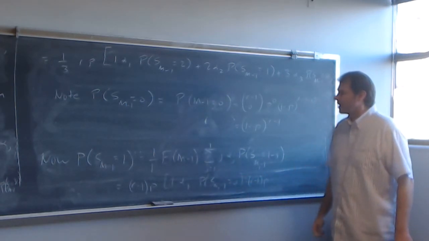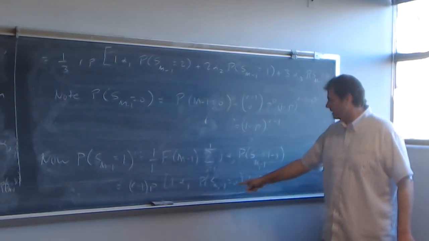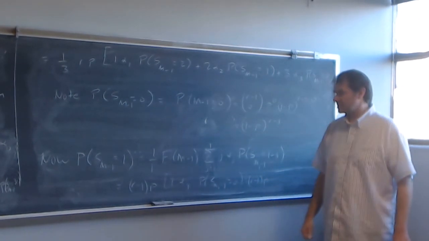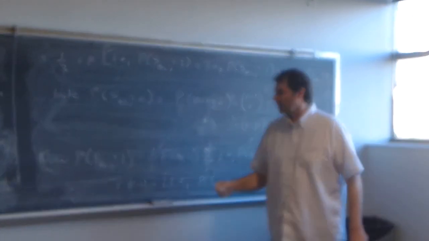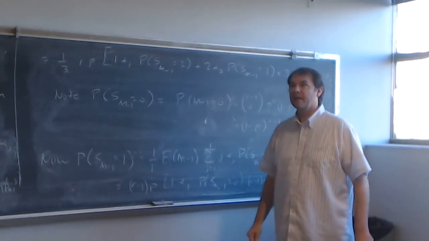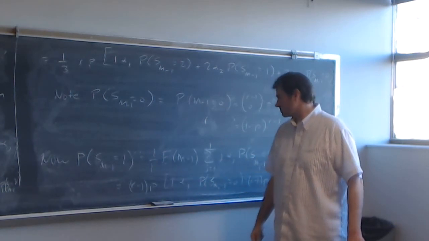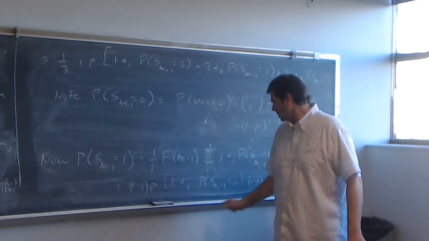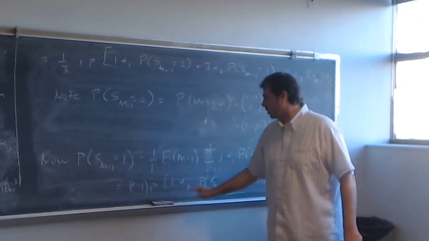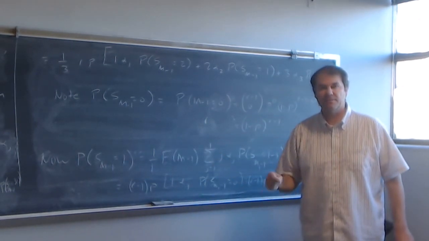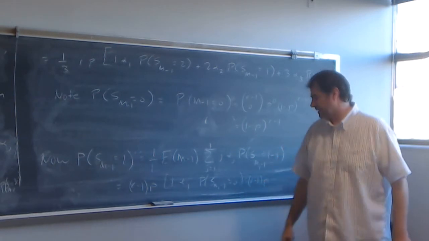Now what do I know? Well, m sub 1 has the same probability relationship with m minus 1 that m had with n.